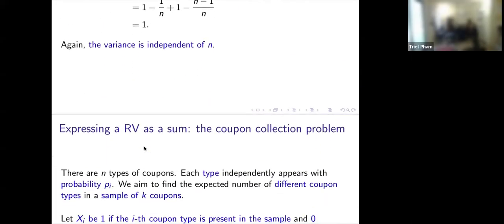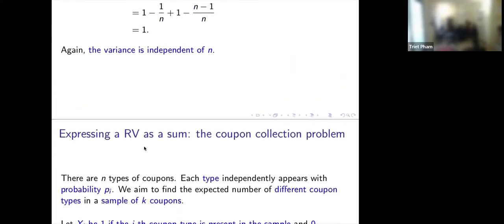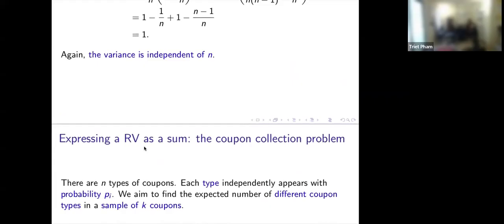All right. So let's say the coupon problem. There are many types in ROS, and in our textbook it is a popular way to ask questions. It's especially amenable to the indicator function approach.